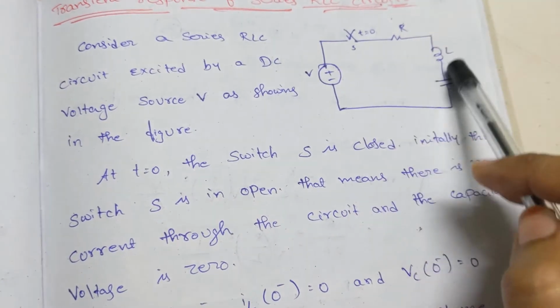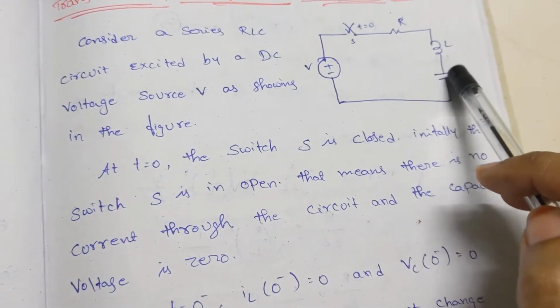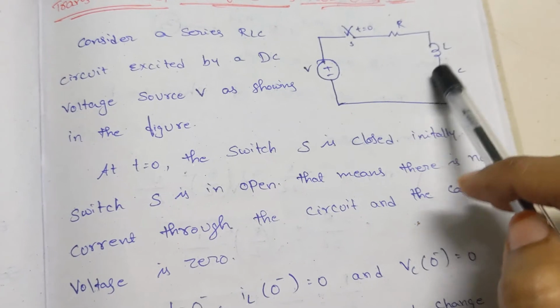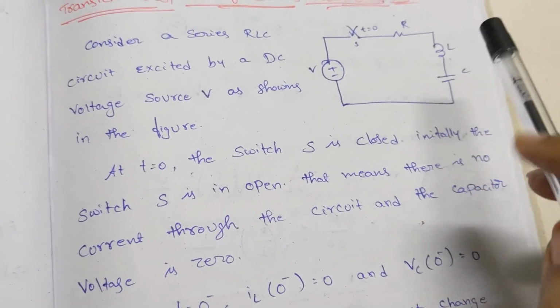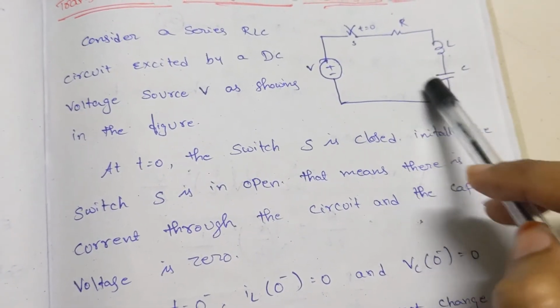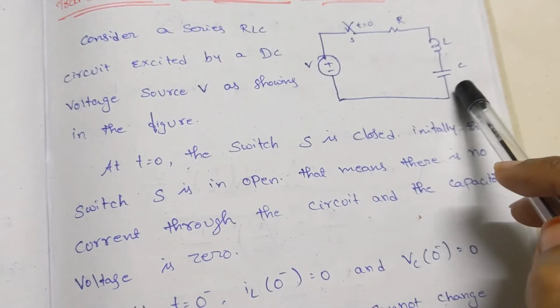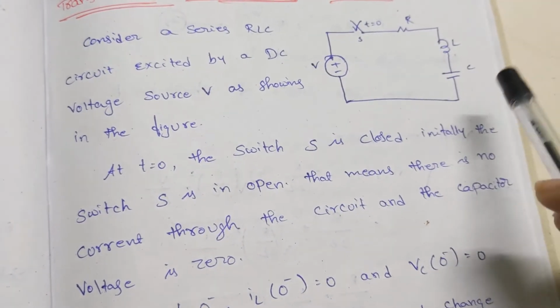Similarly, when the current is flowing through your capacitor, there will be a voltage drop. But the nature of the capacitor is that it doesn't allow a sudden change in voltage.